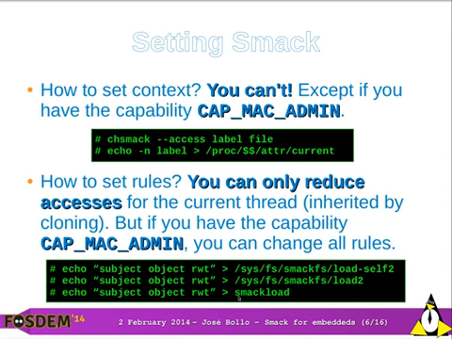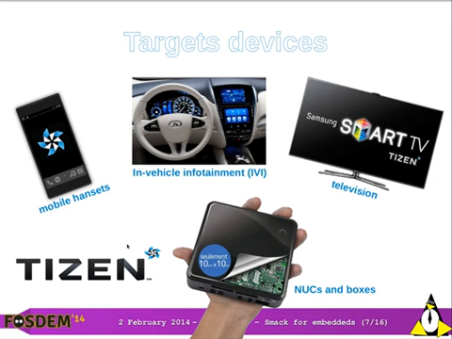This command also can take a file as parameter, which allows you to load into the system a set of rules. Here again, the two last lines are only allowed to a process that has the CAP_MAC_ADMIN or the CAP_MAC_OVERRIDE.